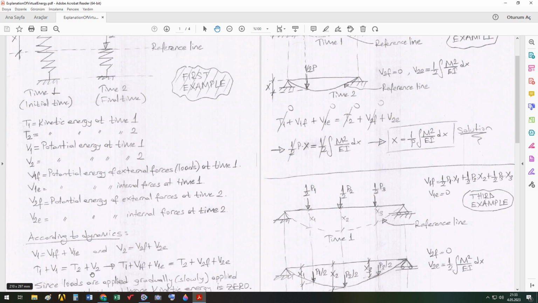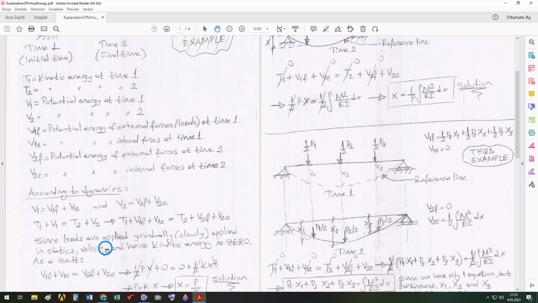There is no non-conservative load here, such as friction or something like that. Since all loads are applied gradually, slowly, as I explained in the beginning, in statics, velocity and hence kinetic energy is zero. As a result, potential energy at time 1 equals potential energy at time 2.